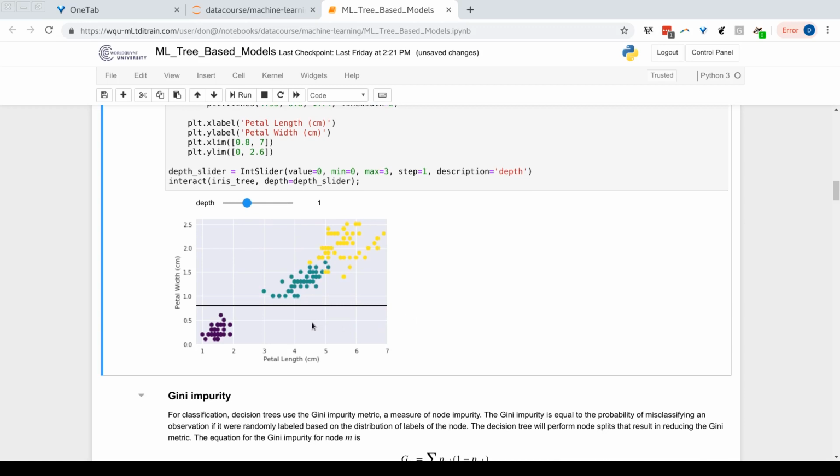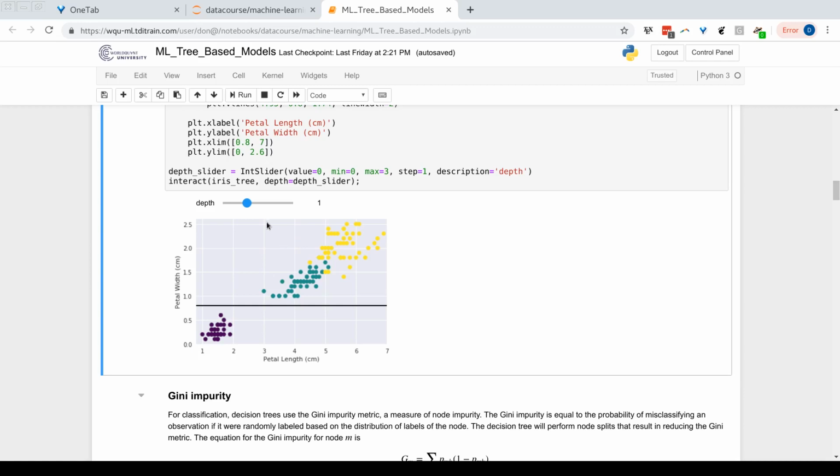Notice we have two nodes. We have two spaces that we created in this two-dimensional space. These two boxes represent these two nodes we constructed from the initial split. Remember, all the observations are in one node. We perform a cut, we create two boxes, two nodes, so we create two distinct regions in our feature space.